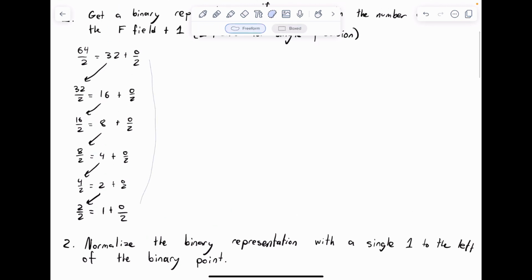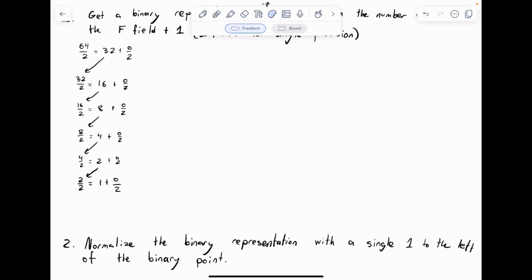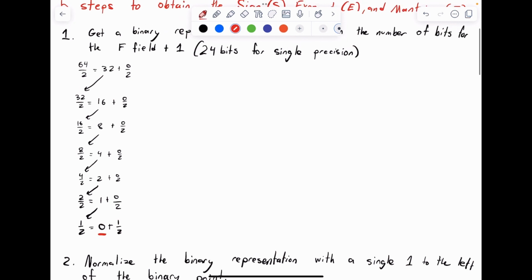And lastly, bring the 1 down. 1 divided by 2 is equal to 0 plus 1 over 2. Then we can stop now because we've reached 0 in the quotient part.